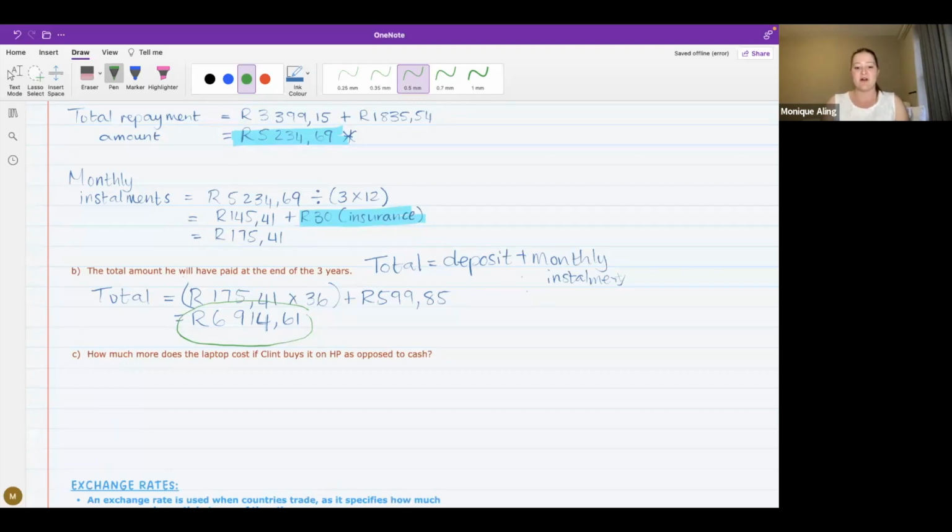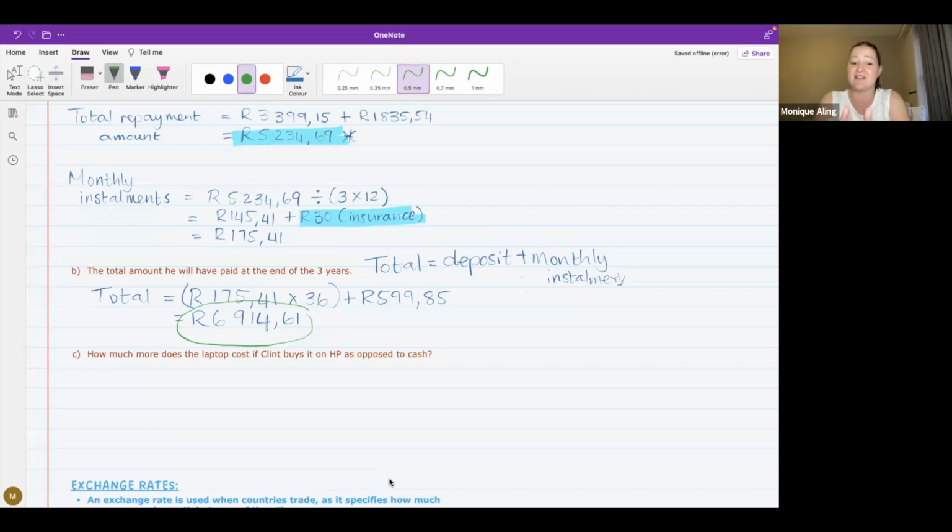So keeping that in mind, question C, how much more does the laptop cost if Clint buys it on hire purchase as opposed to cash? HP is hire purchase. So how much more does it cost because he chose hire purchase instead of paying cash? How much more expensive is it on the hire purchase?